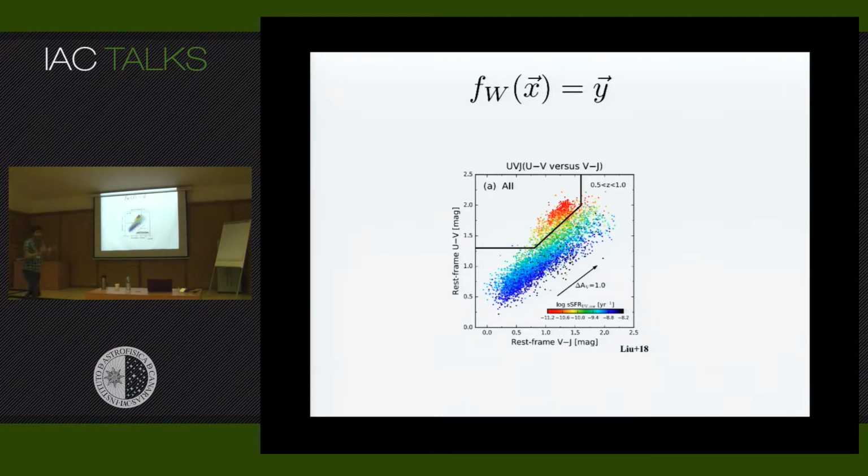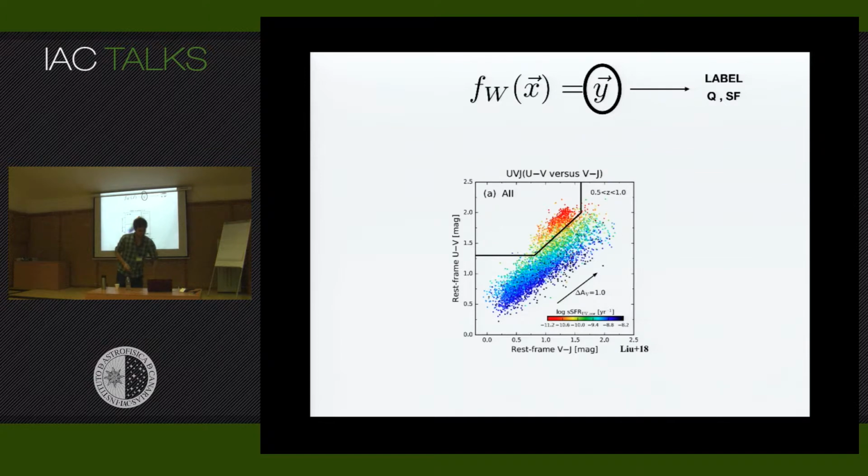This is what we do when we do machine learning. So machine learning, as we saw already, can be put in this form, in which you have a function of some parameters, and it gets you some label. In that particular example, the label will be quiescent or star-forming, passive or star-forming galaxies. This will be my target, my labels. And I will use some filters, so some measurements.